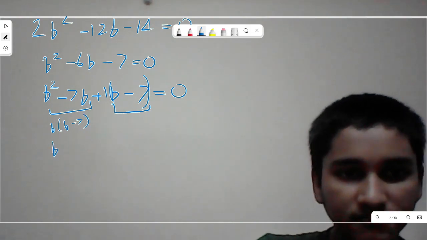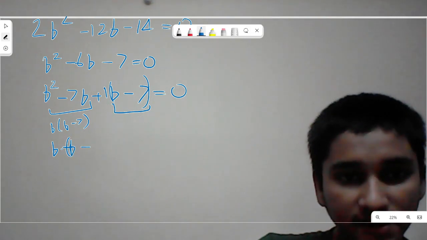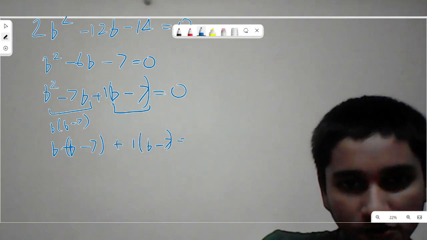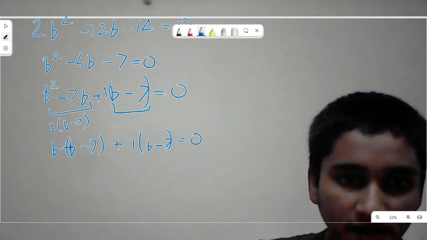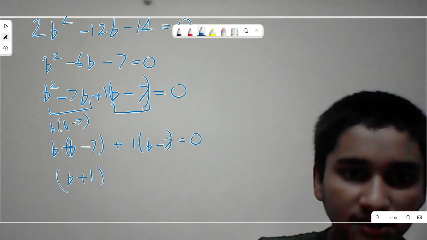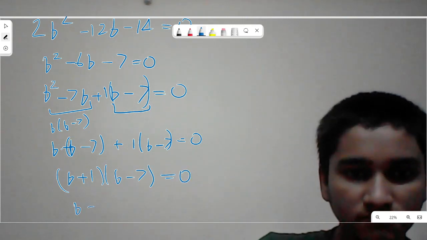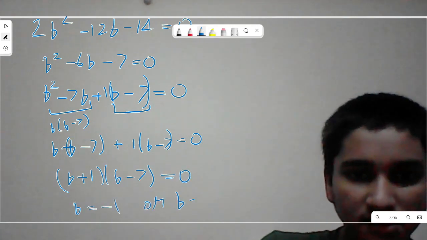So b times b minus 7 plus 1 times b minus 7 is equal to 0. Now we will use the distributive property, which will give us b plus 1 times b minus 7 is equal to 0. So b is either minus 1 or b is 7.